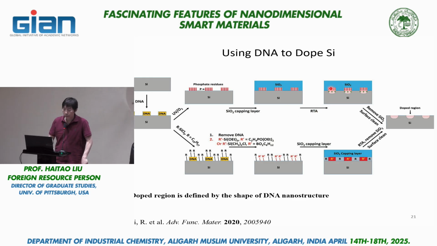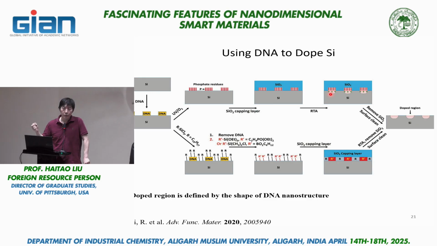And what happens in the RTA is that under intense temperature, about 1,000 degrees Celsius, there will be a solid state reaction between phosphate and silicon, and that reaction will produce phosphorus atoms, which then diffuse into silicon to dope the silicon wafer. What's unique in this process is that the doping would only happen where there's DNA nanostructure coverage. It will not happen when there's no DNA.